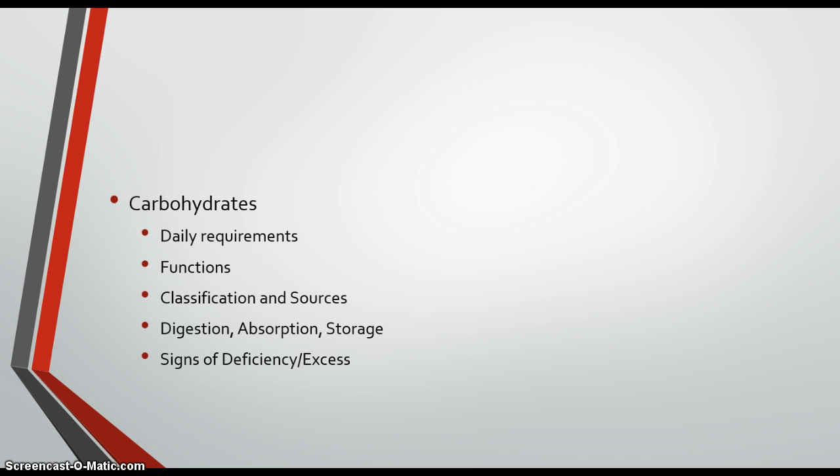When the body has extra glucose, it converts it to glycogen through glycogenesis. When it needs energy, it's going to convert the glycogen back to glucose through glycogenolysis. Okay? So that glucose metabolism depends on insulin.